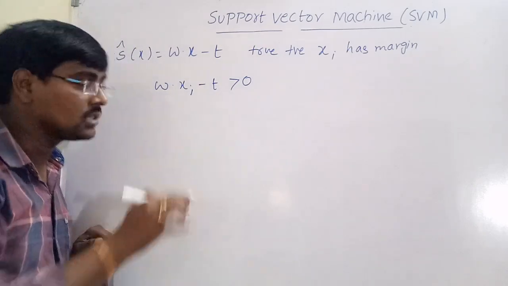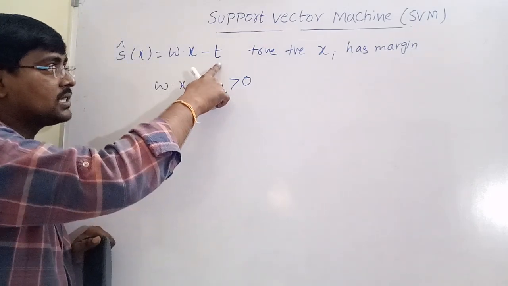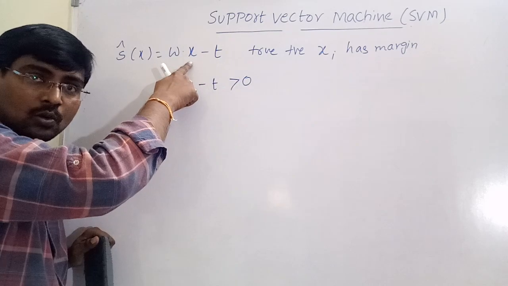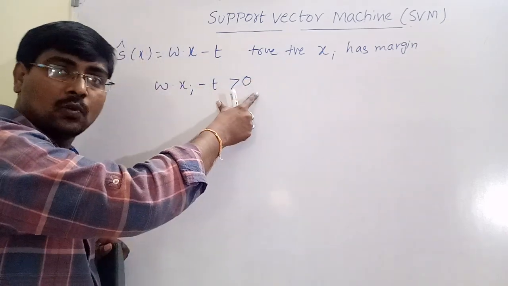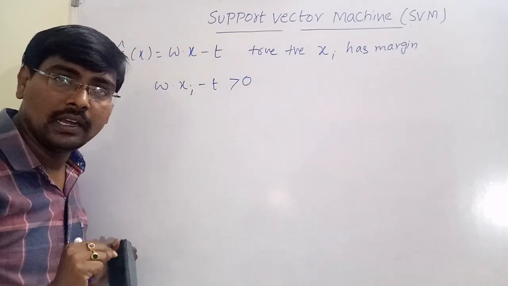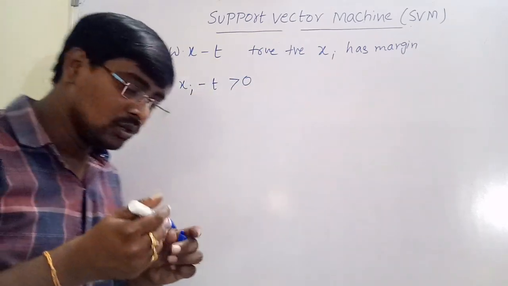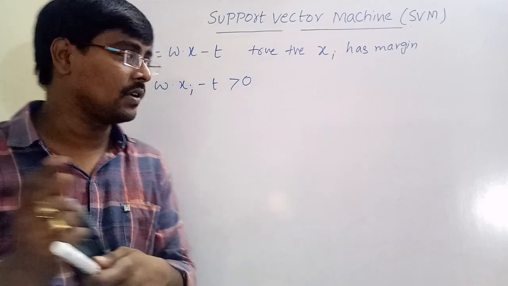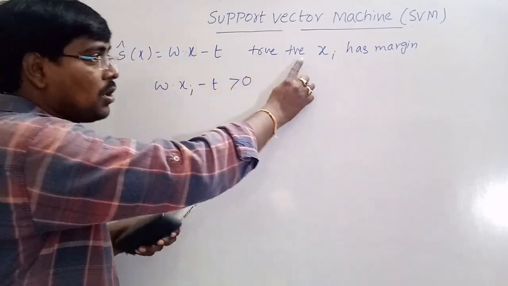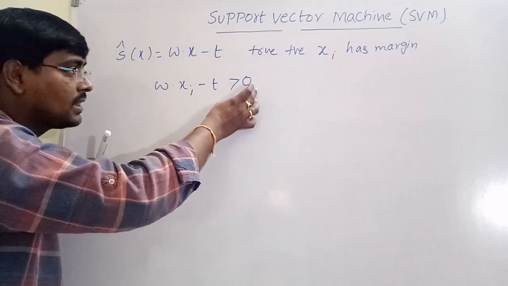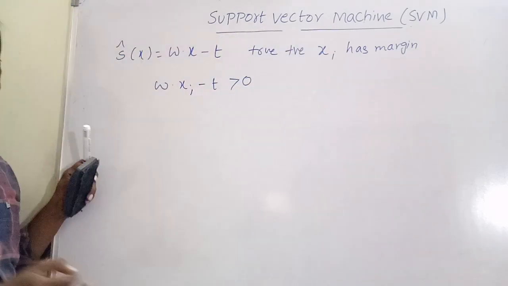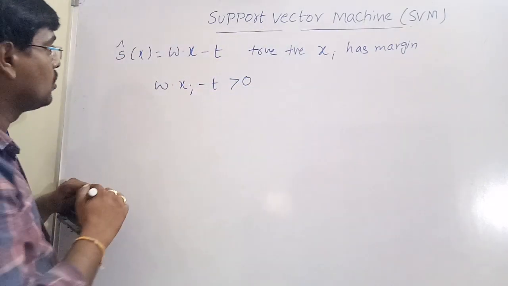If you are taking the score as W into xi minus t, then for a true positive xi the value is greater than 0. Why is it greater than 0? Already defined, margin is equal to C of x into S cap of x. C of x is positive for a positive example, so this value is greater than 0 for a true positive.